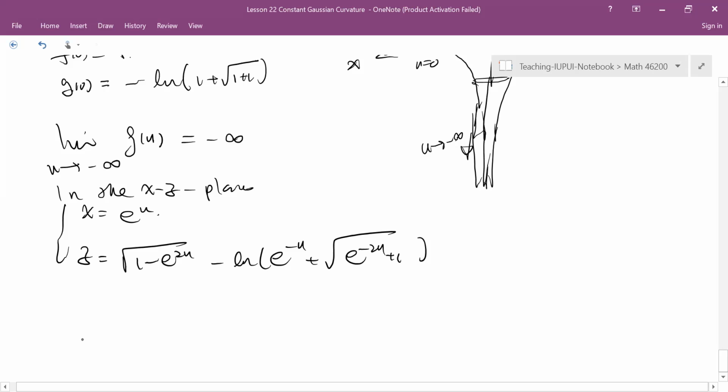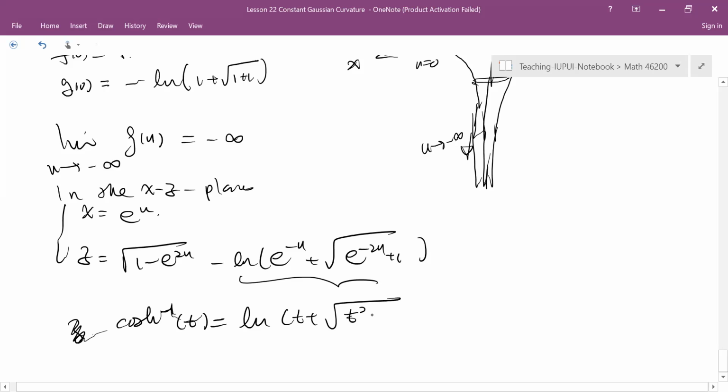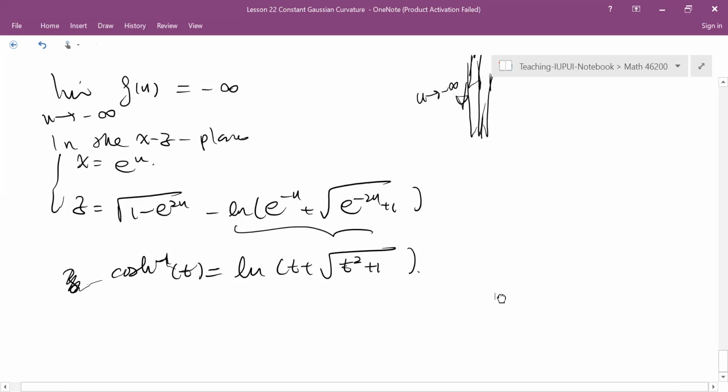Okay. So z, we also know that inverse hyperbolic cosine of t is going to be natural log of t plus square root of t squared plus 1. Right? Yeah. We're using this fact.